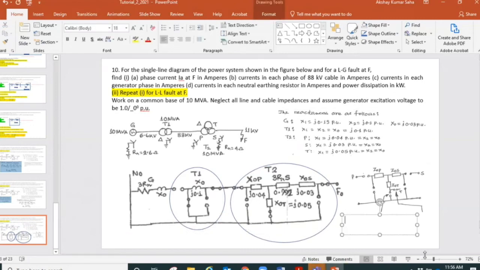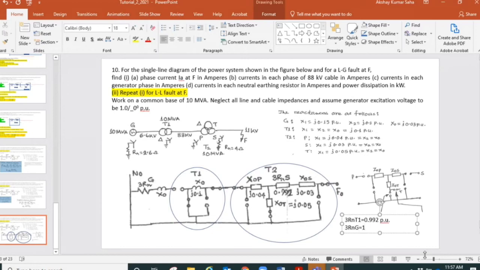So 3Rn for T1, I'm writing this way. T1 is 0.992 per unit now. It was not in per unit in the question. It was in ohm, 4.0 ohm, and 3Rn for the generator is how much?